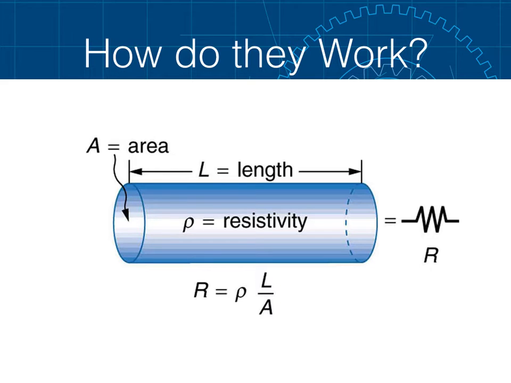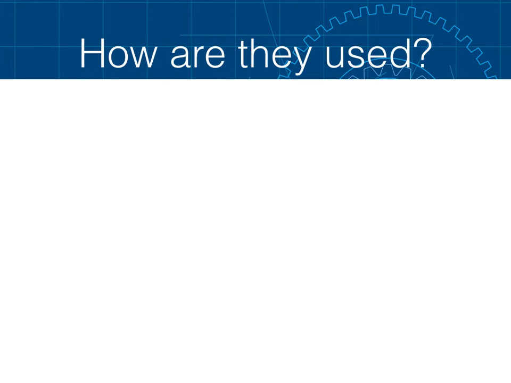But how are strain gauges used? Strain gauges can be oriented in many different ways to optimize calculation of stress or strain or Young's modulus or shear modulus. Here are several of the orientations often used by strain gauges.